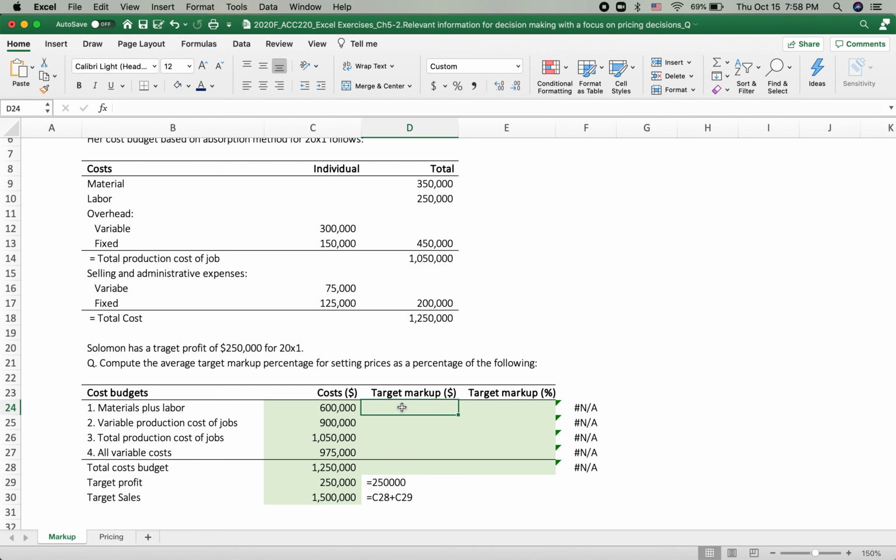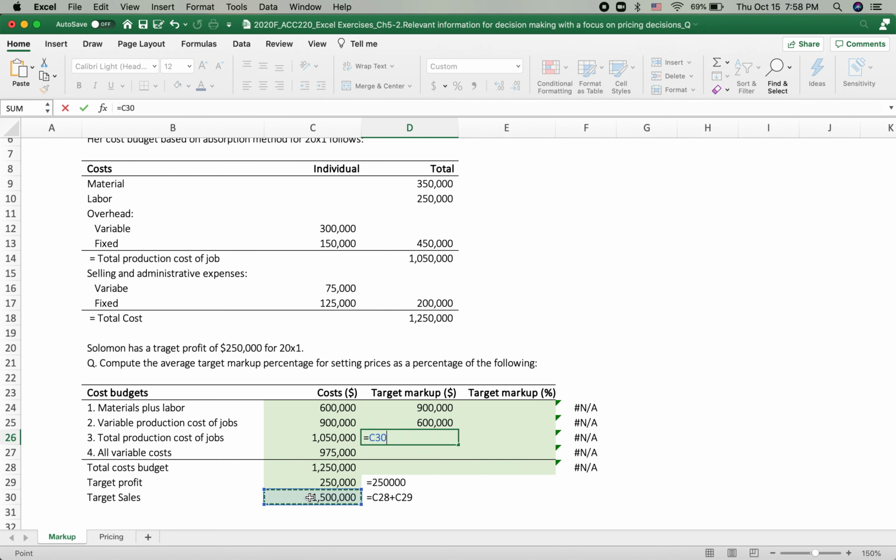Then we should calculate the target markup. How do you calculate the target markup? Target markup is the difference between the target sales and each cost. That's correct. So 1,500,000 minus the material plus labor. Also, target sales minus variable production cost.